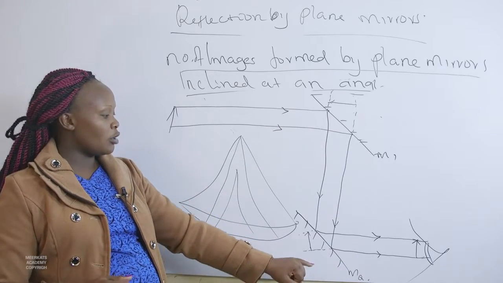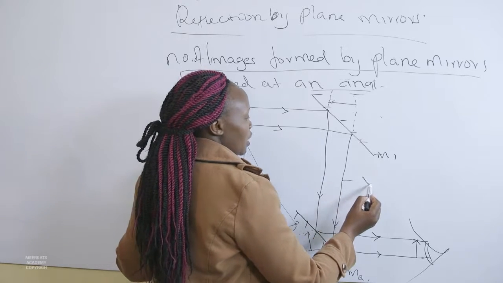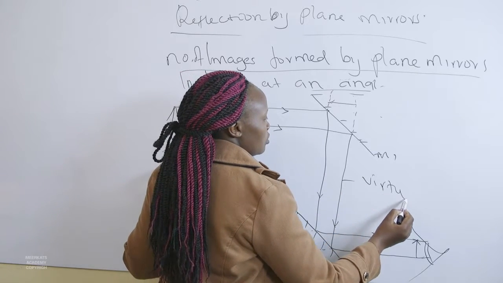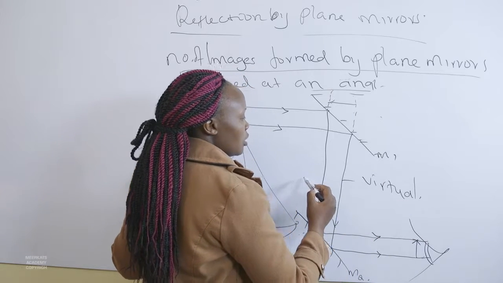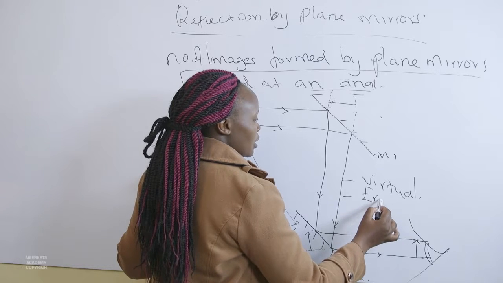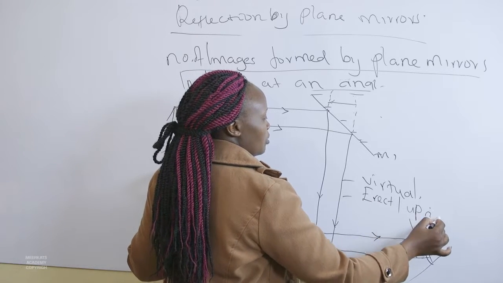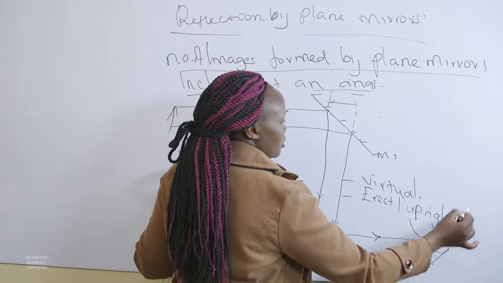So you will see the object as it is. So here we form virtual images, meaning they are not real images, which are actually erect, or you can call them upright images.